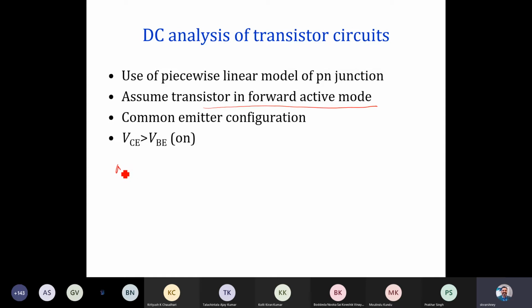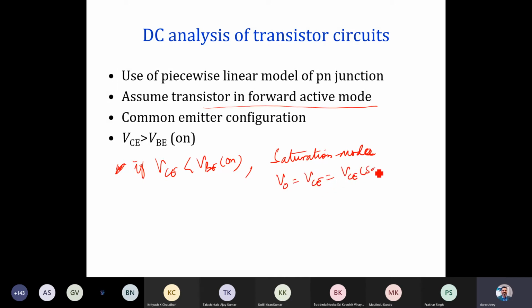If VCE is less than VB on, it means the transistor is in saturation mode. In that case, the output voltage V0, or VCE, would be given by VCE saturation.